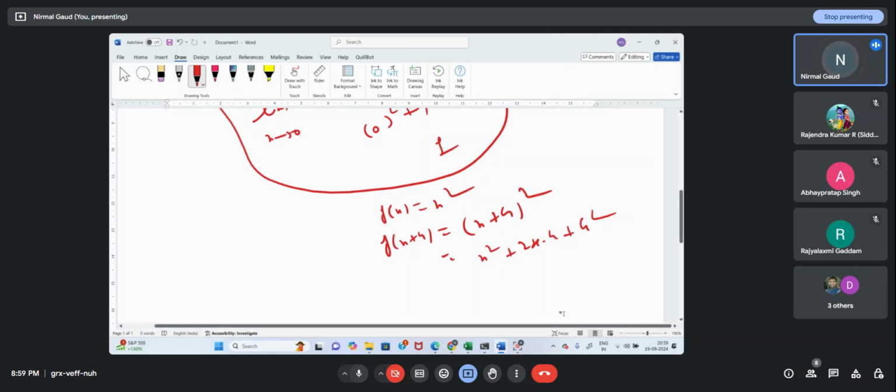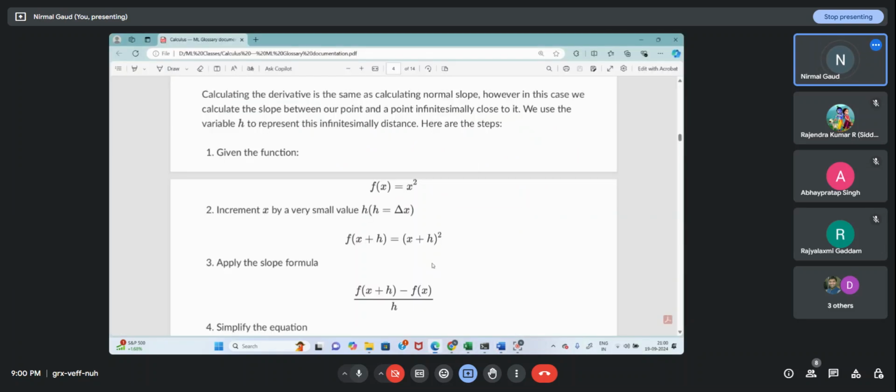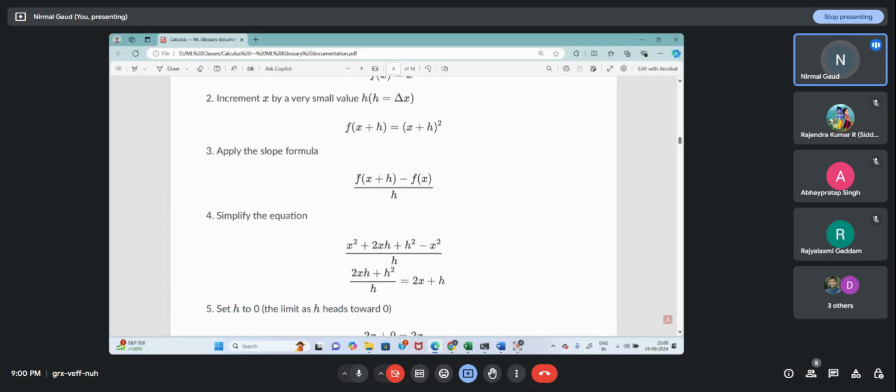Okay, what I need to do is, this is my function f of x plus h, and let us suppose this is my initial, this is my next. Let's subtract this from this by using slope.